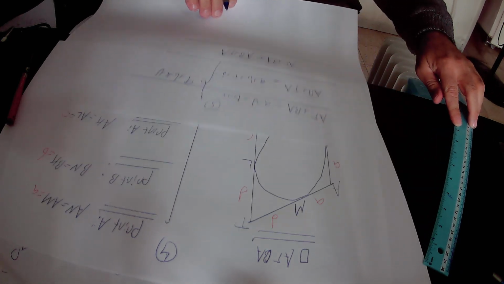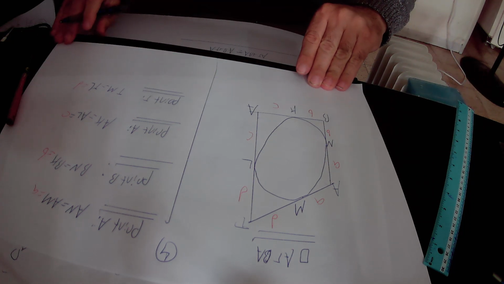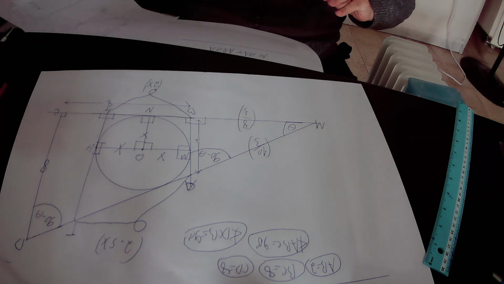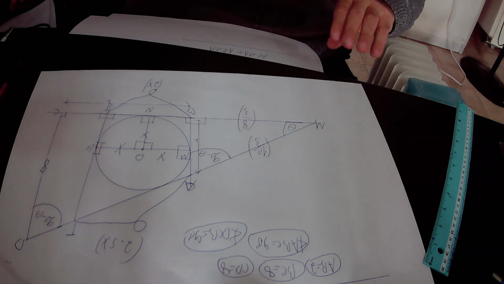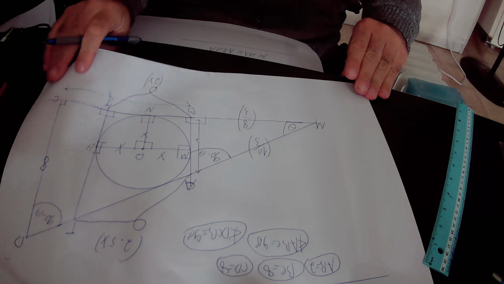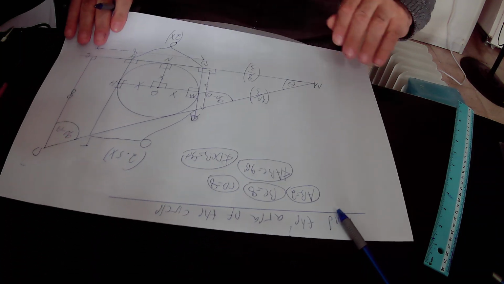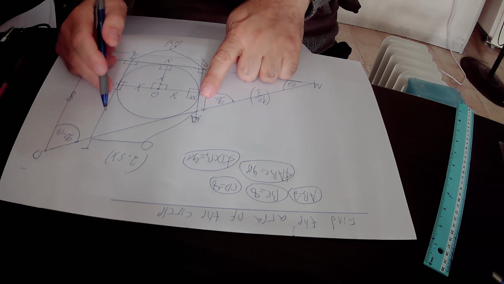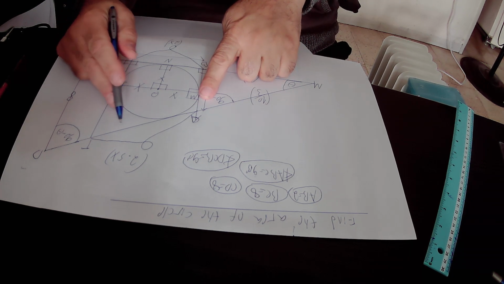What is the value of AT? AT equals 2.5x.